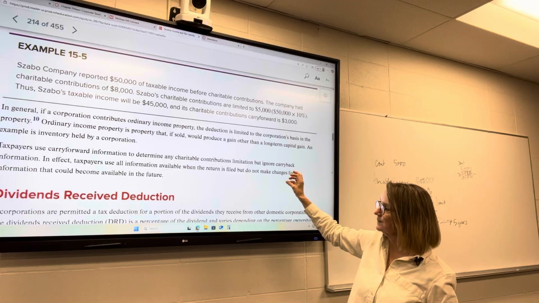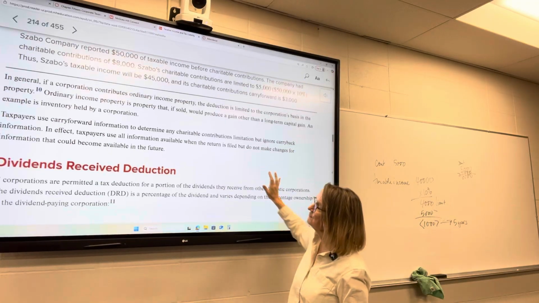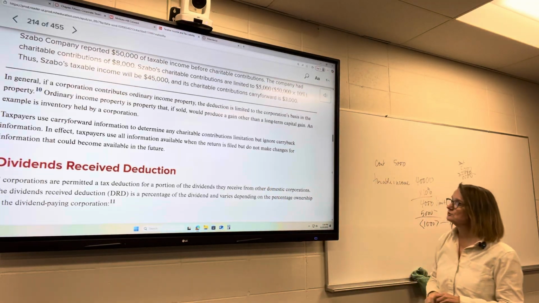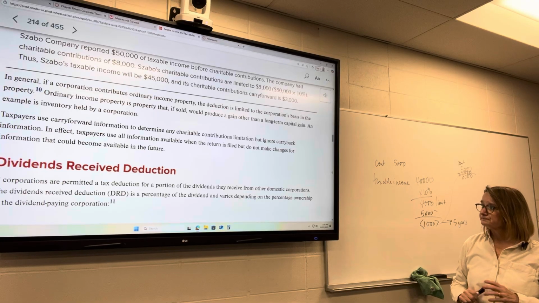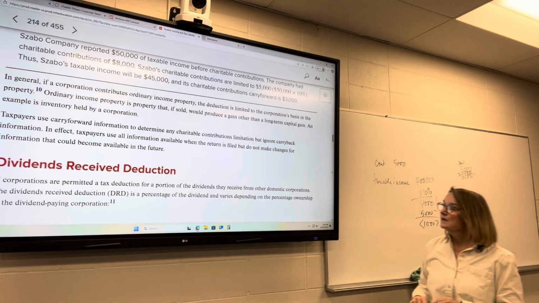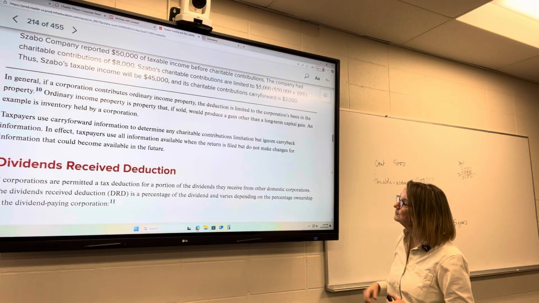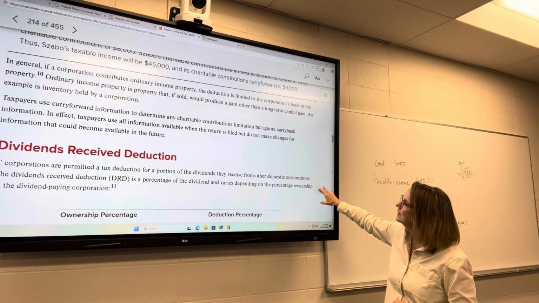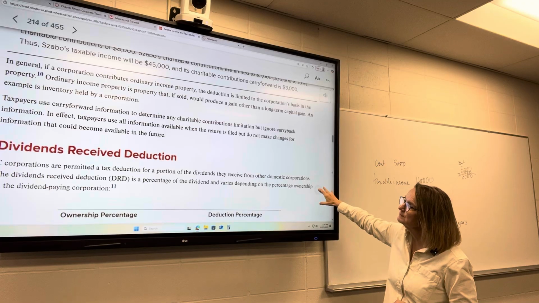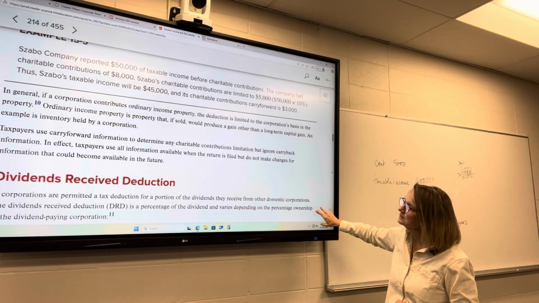An example is inventory. Taxpayers will use the carry-forward information to determine any charitable contributions limit, but ignore carry-back information. Taxpayers use all information available when the return is filed, but do not make changes for information that could become available in the future.